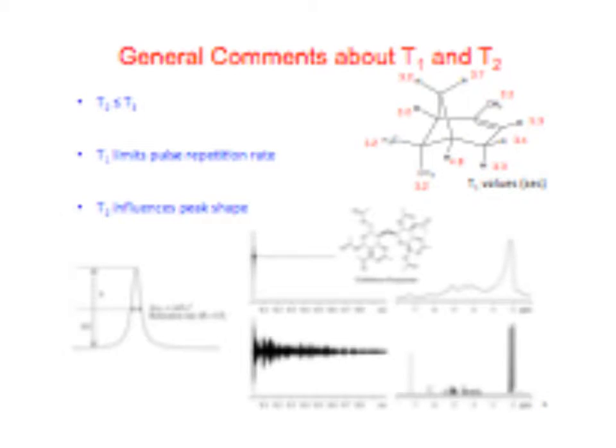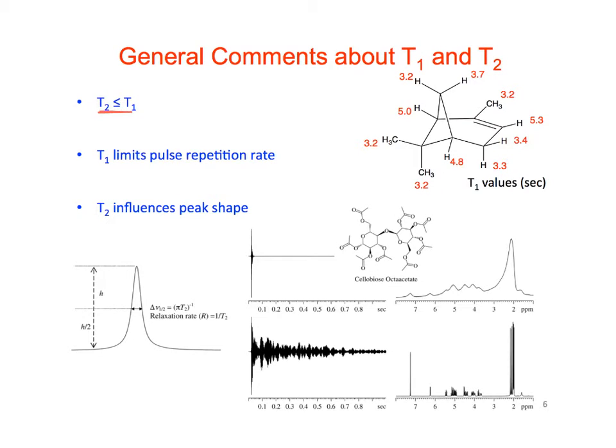All right, so here's comments about these. Remember, we talked about, for one, that T2 or T2 star has to be shorter than or equal to T1, because once T1's relaxed all the way, there's no signal left to dephase. T1 is what limits how fast we can pulse, right?